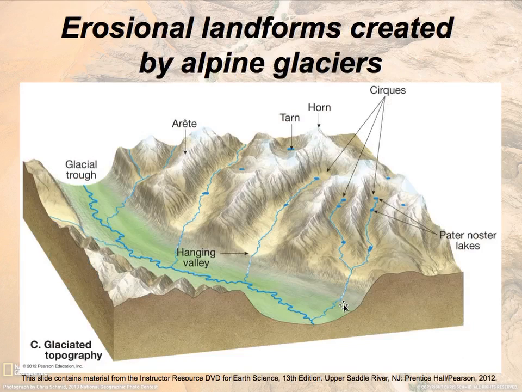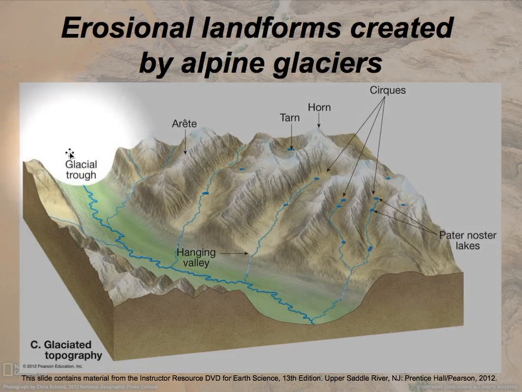This is a cartoon or a schematic of the different types of alpine glacier features. A glacial trough, you'll notice, is a very U-shaped valley in profile. That's typical for glaciation. River erosion is typically V-shaped. We discussed that in the running water unit of chapter 5.